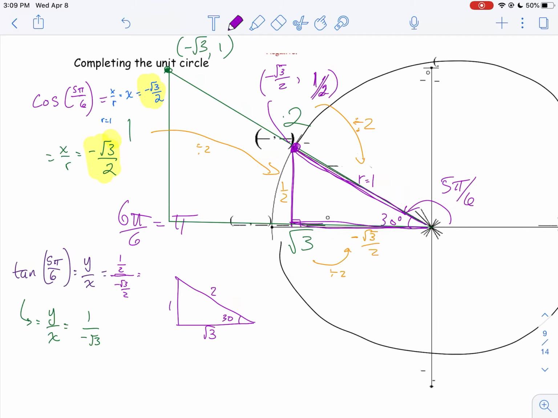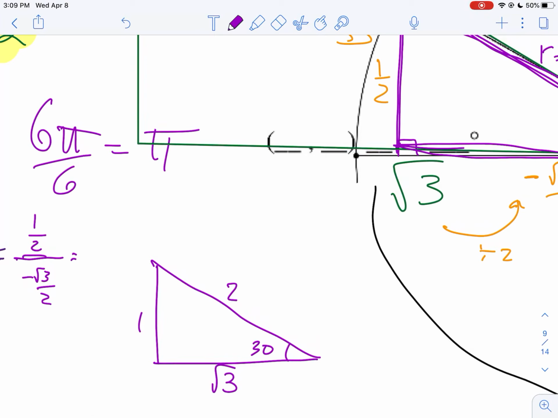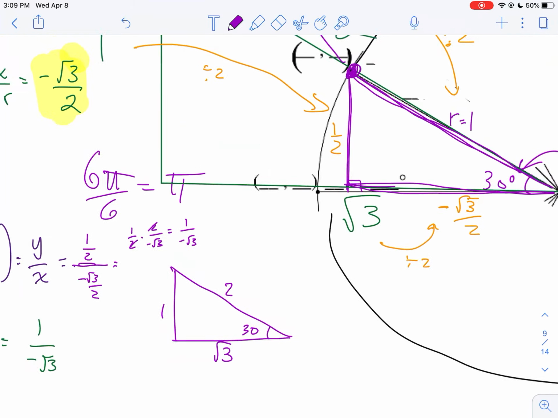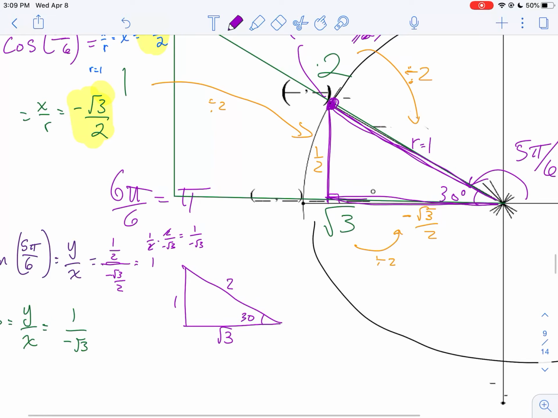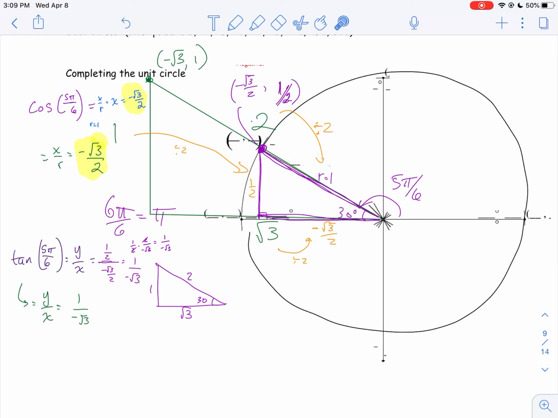I don't know what's going to resonate with you the best. I multiply by the reciprocal myself. So for me, I would take 1/2 times the reciprocal of the denominator. So that's 2 over negative square root of 3. The 2's are going to cancel and I get 1 over the negative square root of 3. So this is equal to 1 over negative square root of 3.